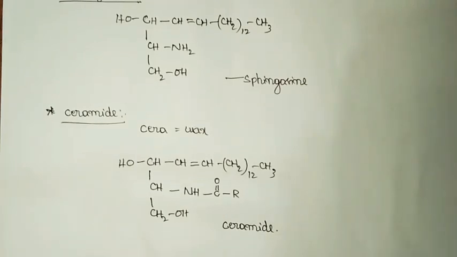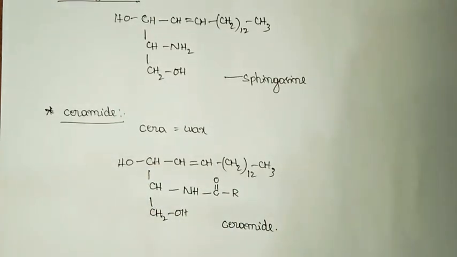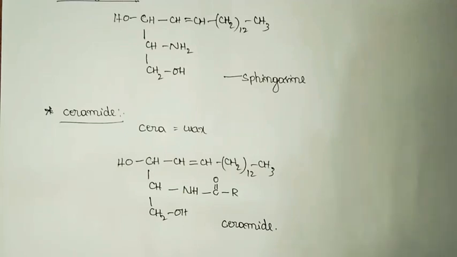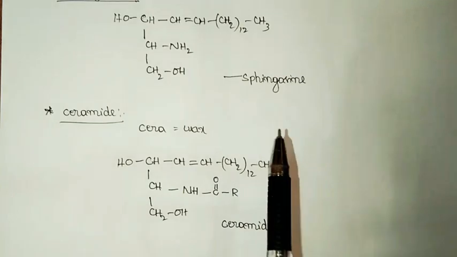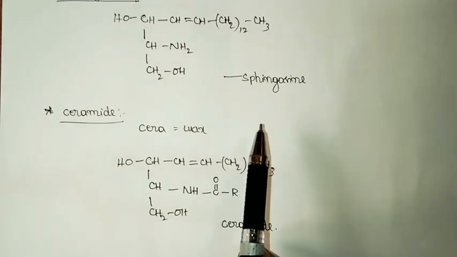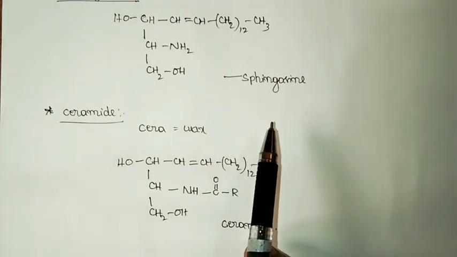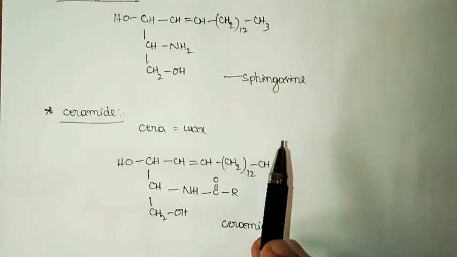And this ceramide is a very important material because it is the major component present in the skin. If depletion of ceramide in the skin appears, that finally results in drying of the skin, and the skin will get damaged. One of the major diseases we can be exposed to due to depletion of ceramide is atopic dermatitis.